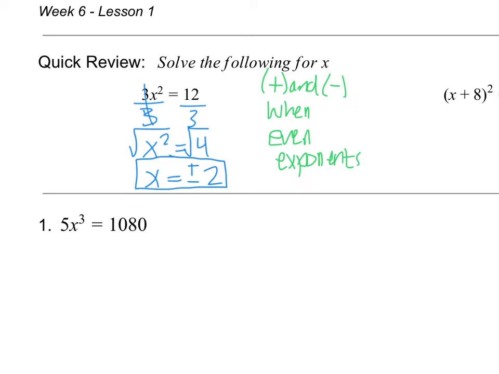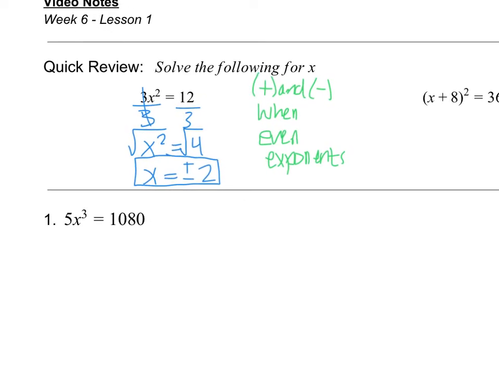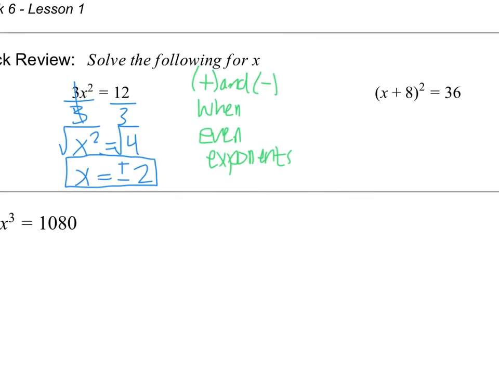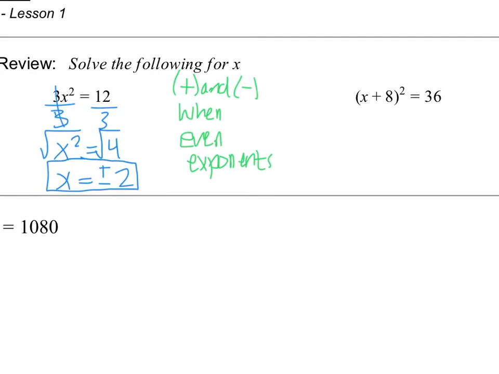That looks really bad. Why is that? Well, because anytime you have even exponents, those negatives could cancel each other out. When I have x squared, that even exponent tells me that I can have 2 negatives, and those negatives will cancel out. If I have x to the 4th, when I take the 4th root of something, the same thing. I can have all 4 of them be negative, and they would all cancel out to be positive. So I have to put a plus or minus in front of my answer whenever I have an even exponent.